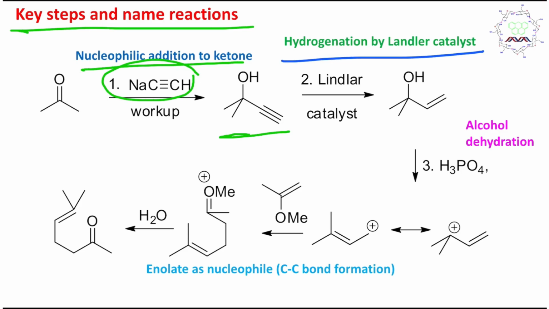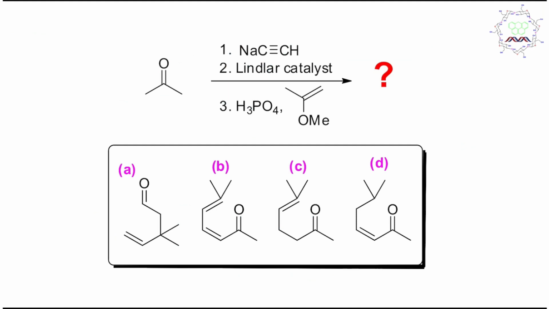The third step is alcohol dehydration in presence of strong acid, more specifically allyl alcohol. The fourth step is resonance, and the fifth step is enolate as nucleophile, and in this way C-C bond formation occurs. The last step is hydrolysis of this positively charged carbonyl derivative to get the final ketone.